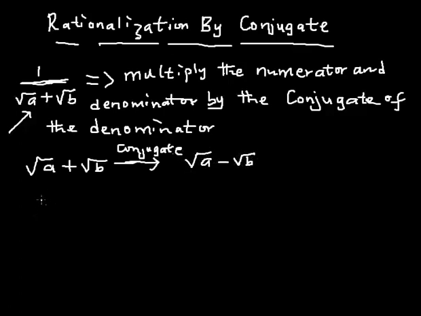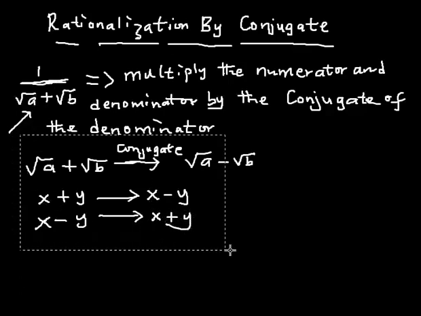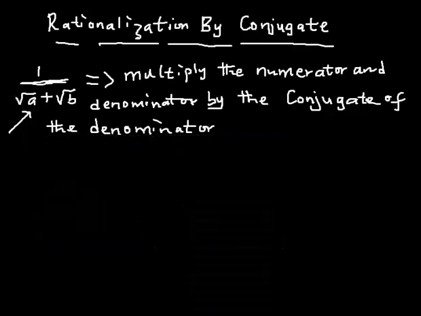So the conjugate of any binomial expression is still that expression, but you change the sign. If it was plus, it will be minus. If it was minus, it will be plus. Now let's do this. I have to multiply 1 by the conjugate of the denominator.